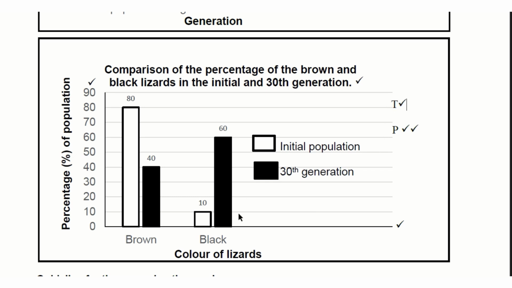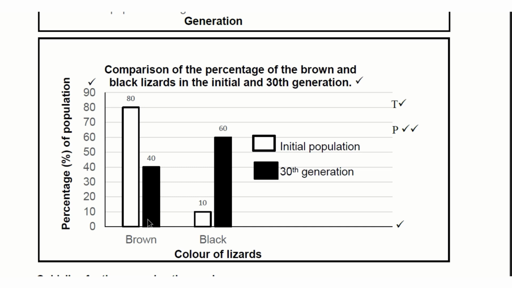Then something they don't show here, but oftentimes they give a mark for the scale. And where you lose marks here is if your bars are not the correct width or not the same width. So each bar must be the same width. Okay, so 1 centimeter or 2 centimeters or whatever it is, but each bar has to be the same width.